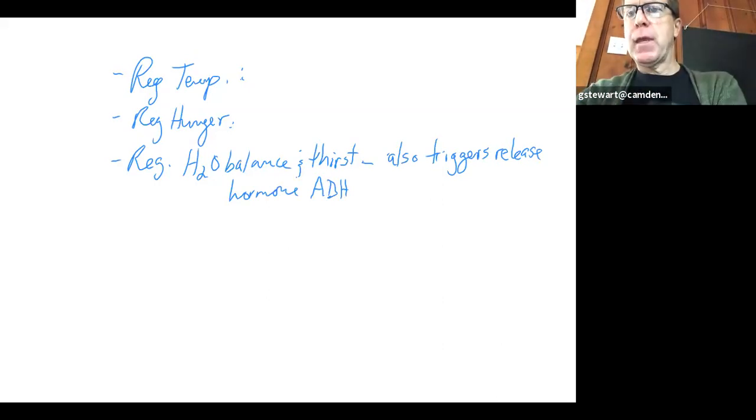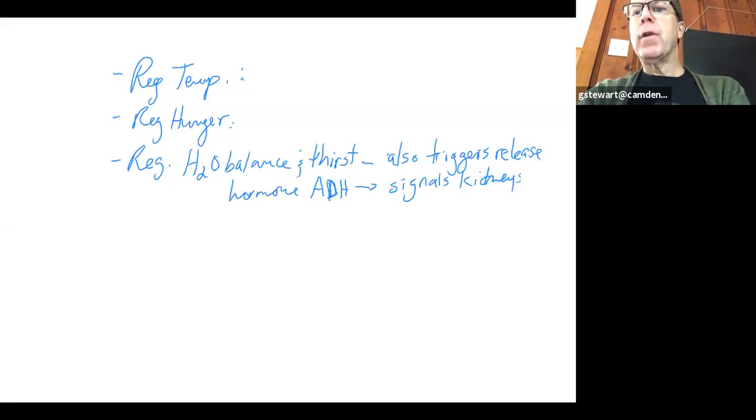That's not supposed to be, that's supposed to be a D. What ADH does is this signals our kidneys to reabsorb more water. Think of it this way. It tells our kidneys to decrease urination.